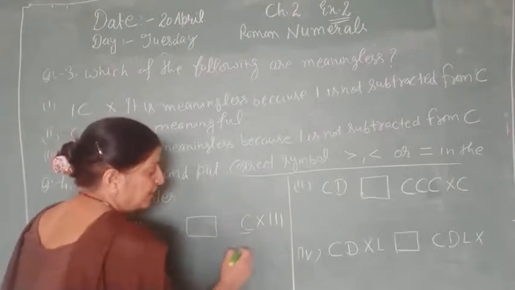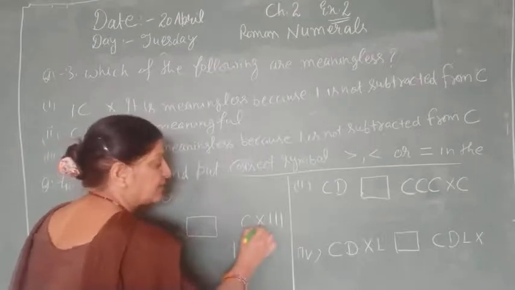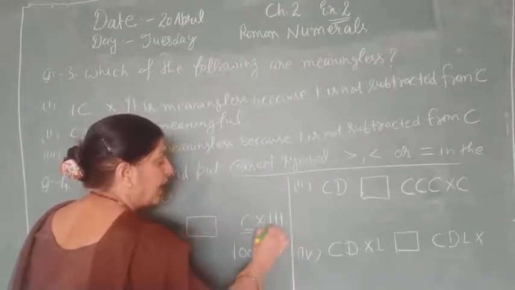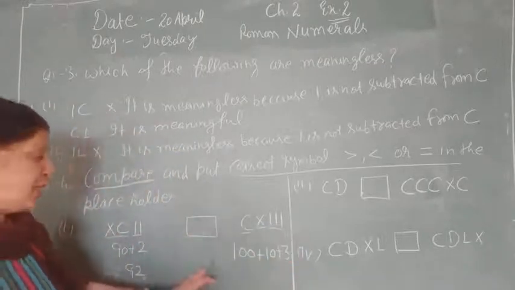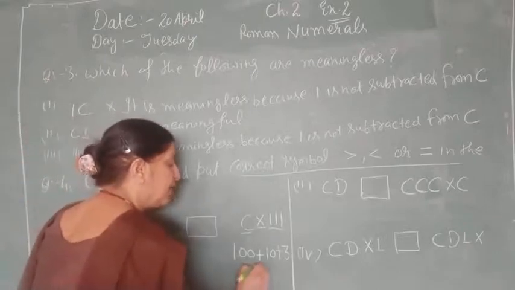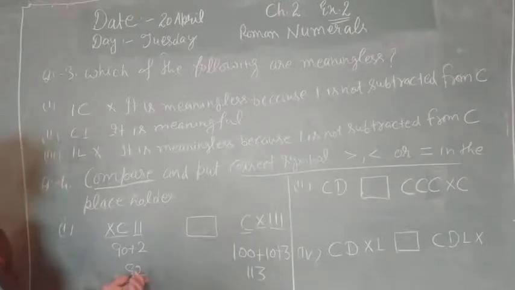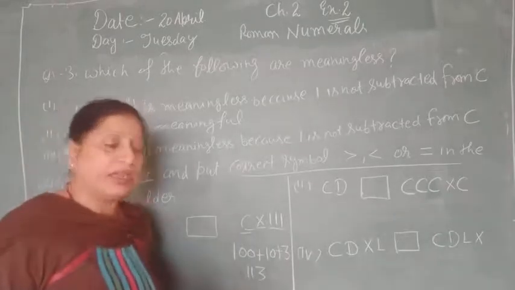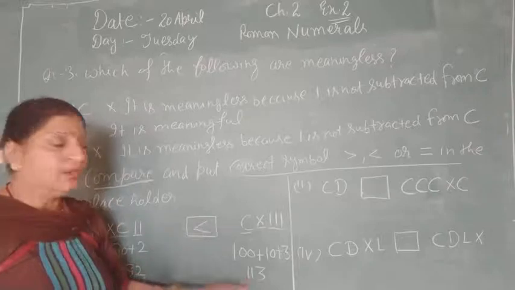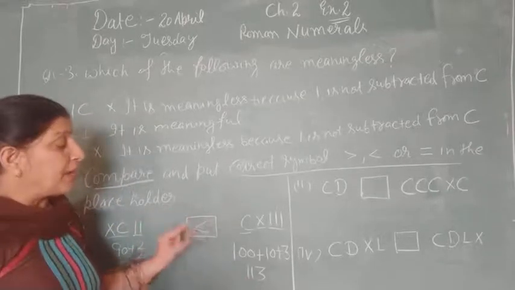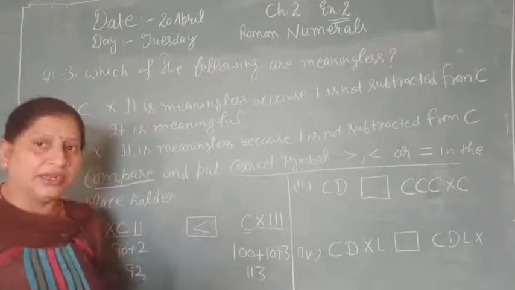First we write C. C is used for 100. Then X is used for 10 and I, a maximum of 3 times, is used for 3. Now our number becomes 113. Now we easily find out that 92 is smaller than 113. So we put the symbol like this. Because 113 is greater, the open part of this symbol is toward 113.